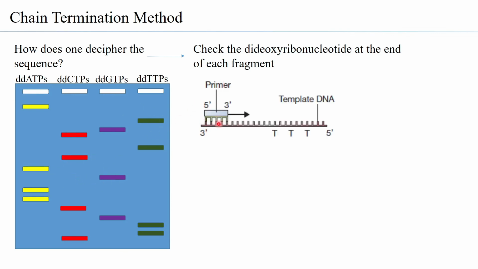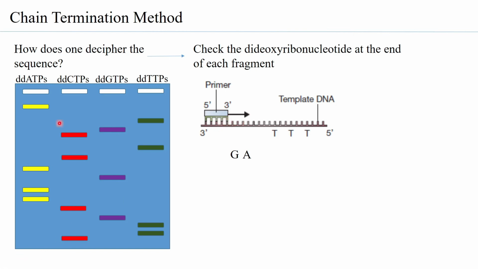Say, for example, this is the DNA that has to be sequenced, that is the template DNA, and this is the primer. So let's say this is G. When you have synthesis happening from here, and the chain terminates at this point, this would be the smallest DNA molecule possible, right?